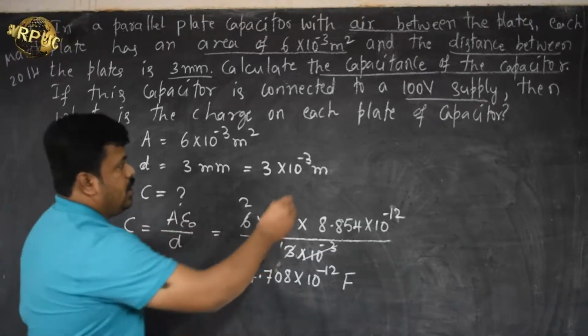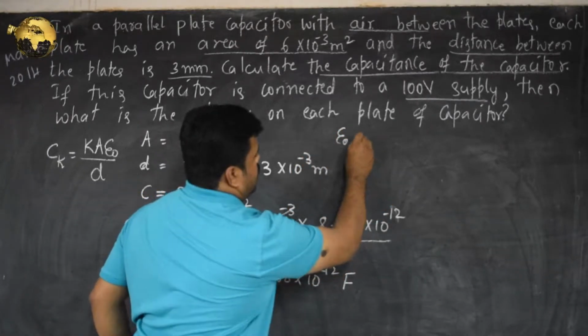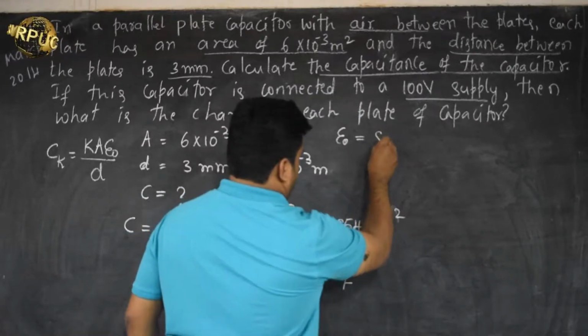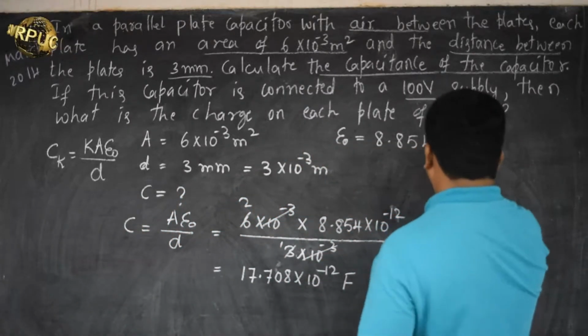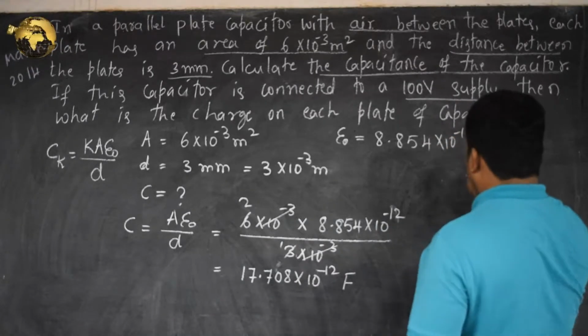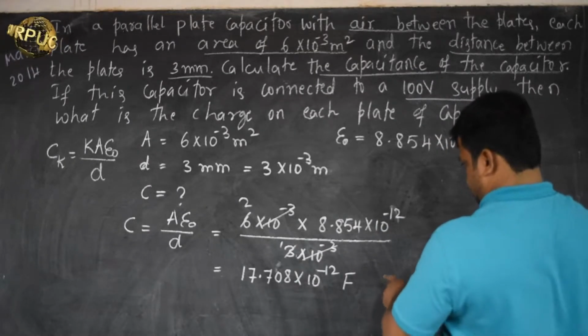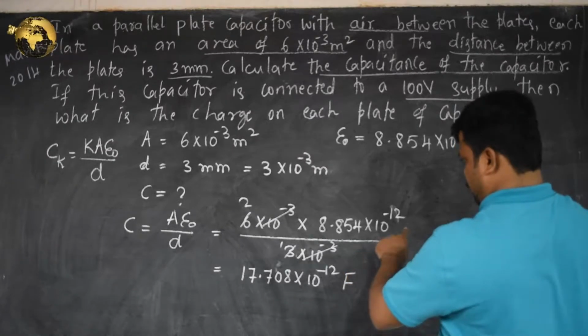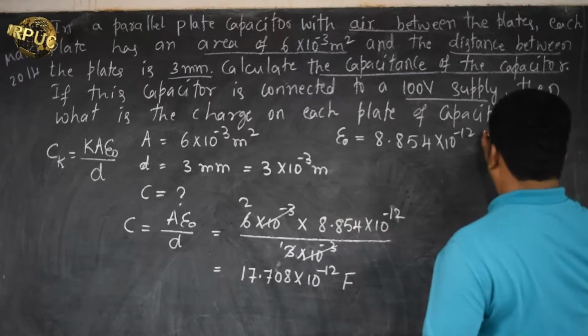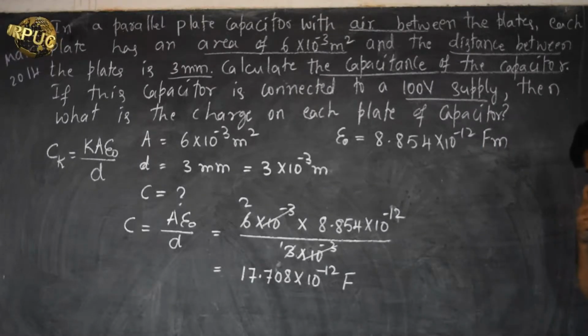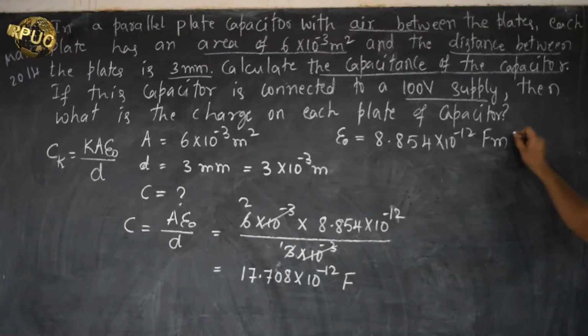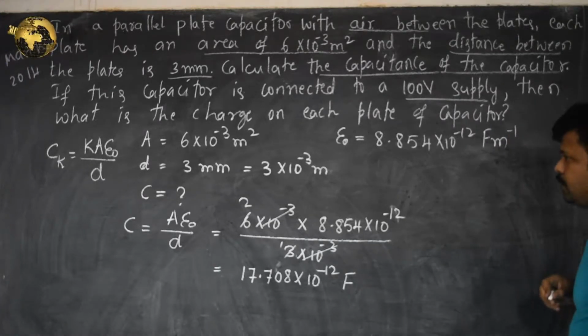They might give epsilon naught is equal to 8.854 into 10 to the power minus 12 farad per meter. So it is going to be, one second, farad per, let me cross check.